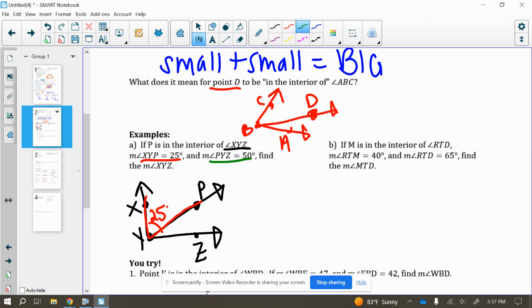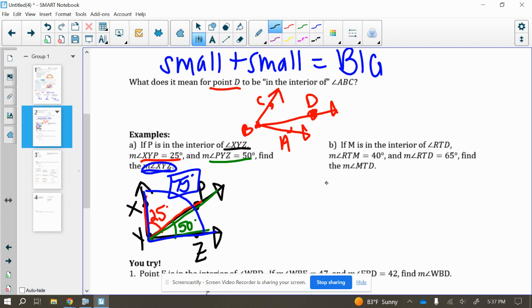Angle PYZ is 50. And our total angle, XYZ, we want to know what that would be. Well, again, we know the small angle plus the small angle is going to equal our largest angle if we add them together. 25 plus 50 is 75.